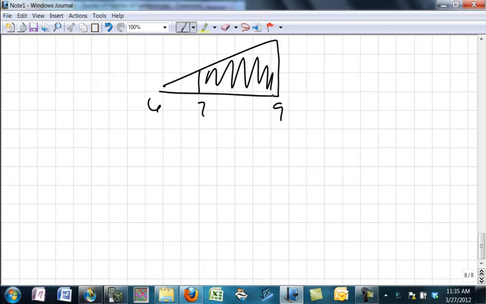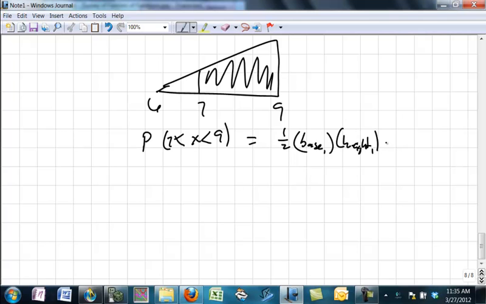So the probability that x is between 7 and 9 is the area of a big triangle, 1/2 base 1, height 1, minus 1/2 base 2, height 2. Okay, so let's see if we can figure this out.